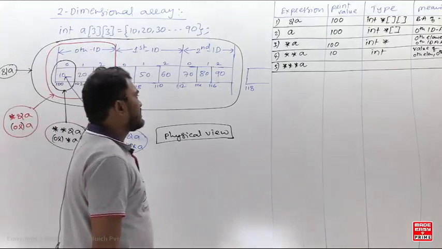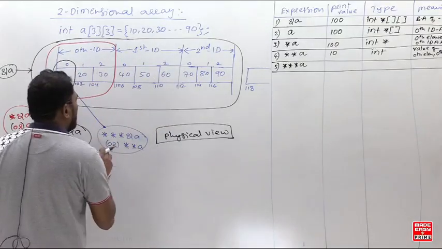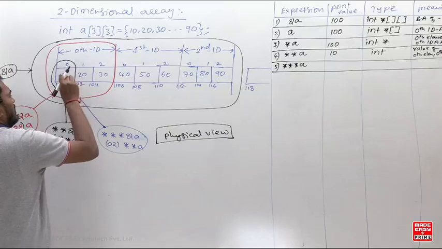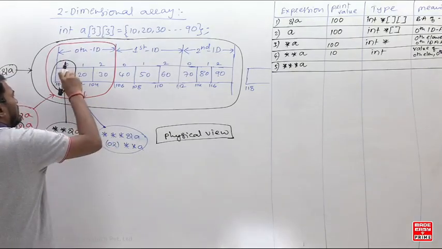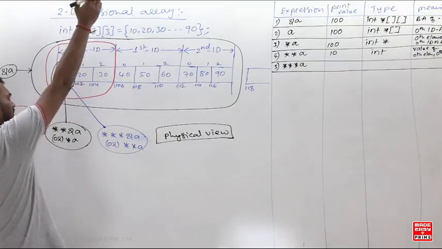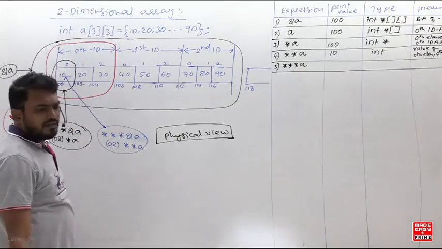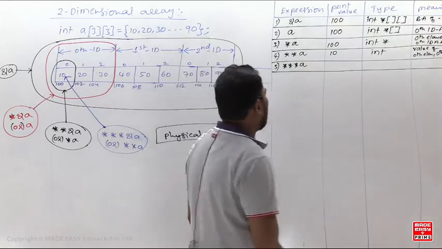Look here, double star A means you are reaching the value. You apply one more star, it means what? You are asking for the value at the location 10. Where that is, we don't know, right?